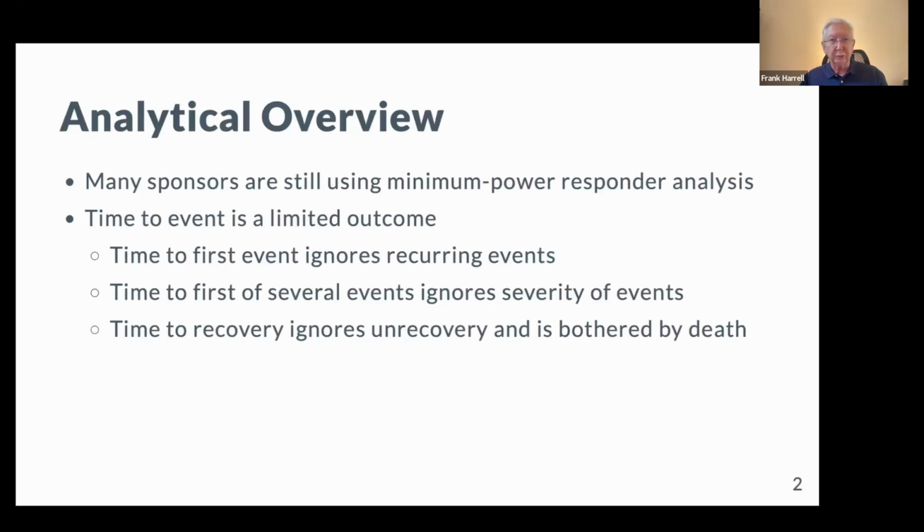And then to calculate time until the first of those, that's treating all the events as equally severe, which is a huge loss of information. It actually makes the interpretation of the time until the major adverse event very mysterious.